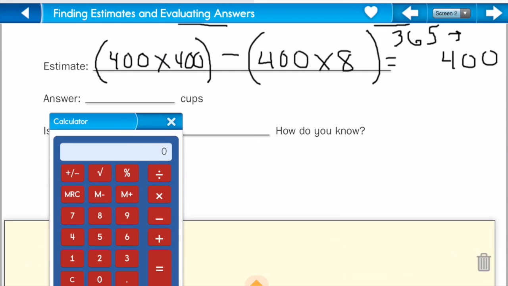Let's try that again. 400 times 400 equals 160,000.